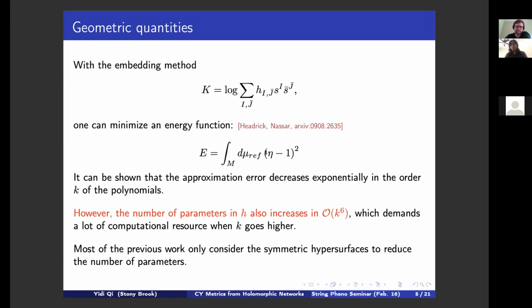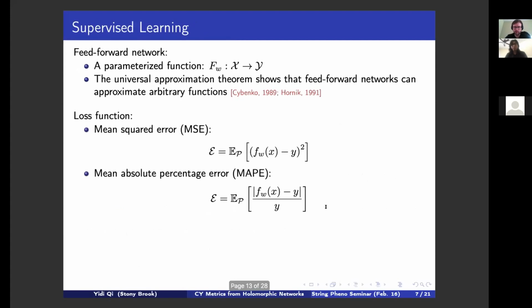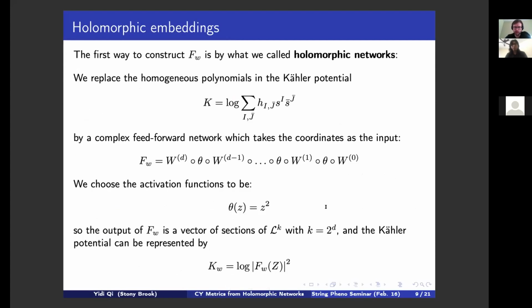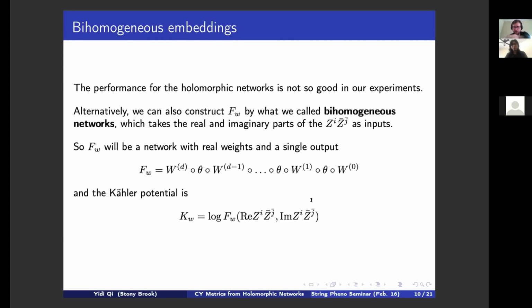I see. And this activation function, the z squared, once you went to the non-holomorphic network, usually these activation functions are a lot more nonlinear. Do you get a lot of benefit from going to a different activation function, like a sigmoidal one?